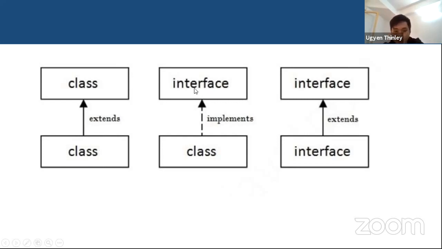Whereas with an interface, for example, you have an interface as the parent class and you want to inherit the properties of the parent in a normal class.